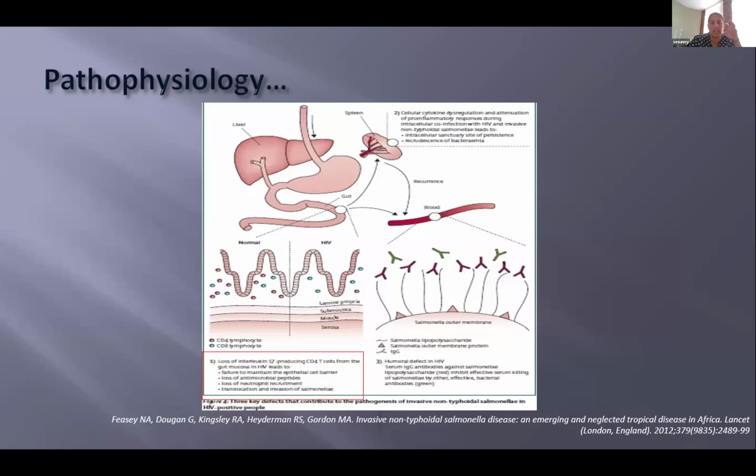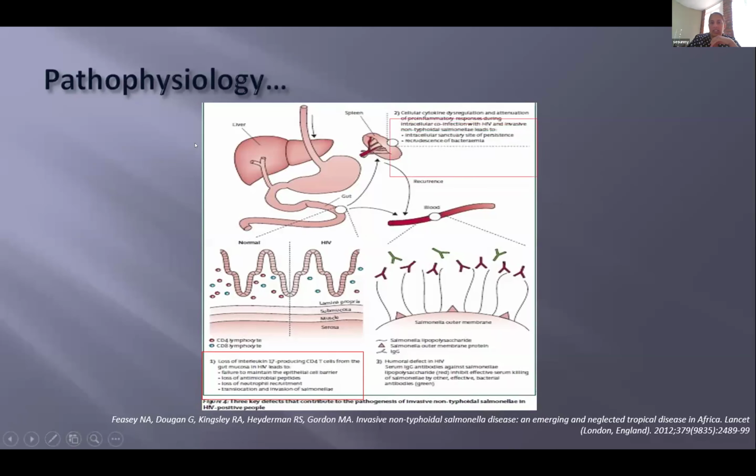The first thing is that in the setting of HIV, you have loss of interleukin-17 producing CD4 cells at the gut level. When we have loss of CD4 mediated response, you have failure to maintain an adequate epithelial cell barrier. You have loss of antimicrobial peptides, you have loss of neutrophil recruitment, and therefore you have translocation of Salmonella.